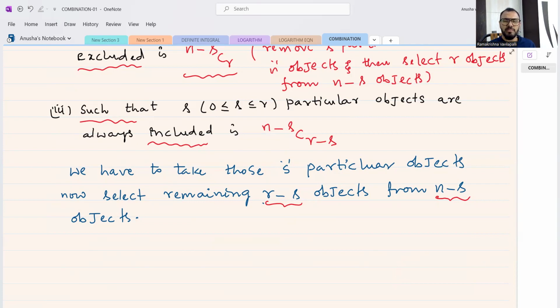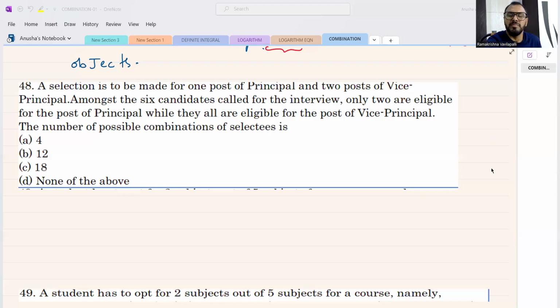Here are a few questions asked in the UPSC CSAT exam. Here is a question asked in CSAT 2015. A selection is to be made for 1 post of principal and 2 posts of vice principal. We have to select 1 principal and 2 vice principals.